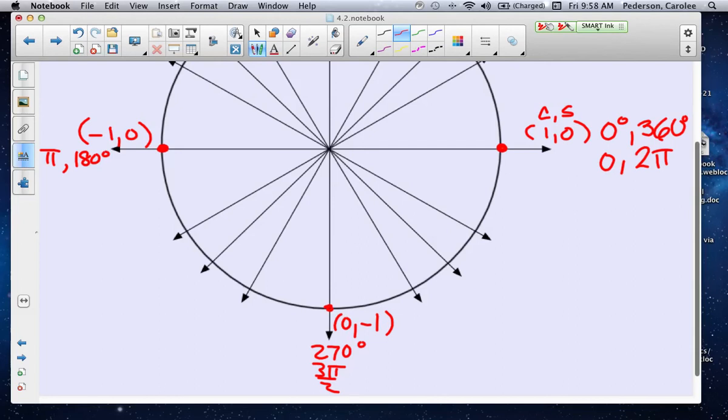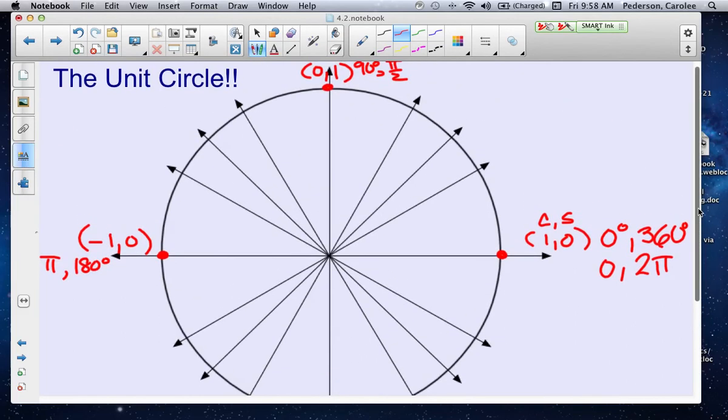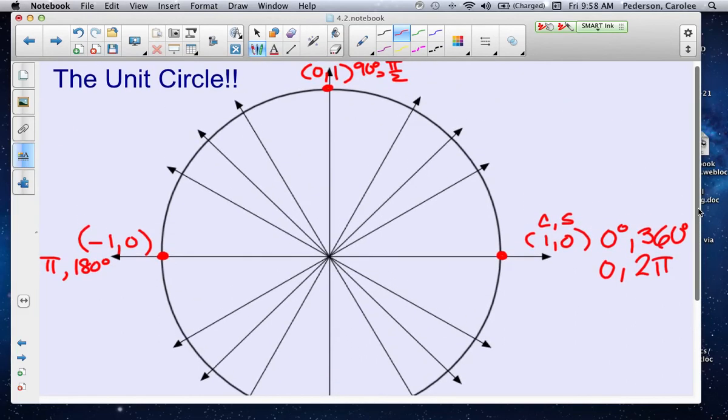Then what I tend to do as the next easiest, when I'm labeling my unit circle, is the 45s. So this would be a 45-degree angle. Don't need to write that blue line. Do you agree though? Yep, splitting it in half.